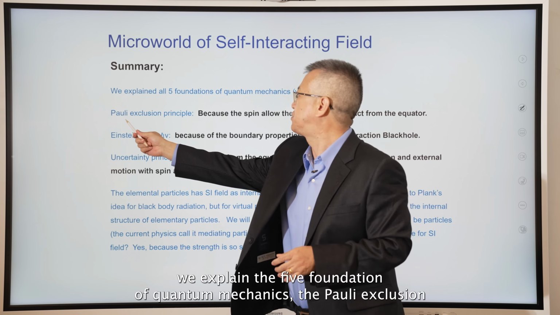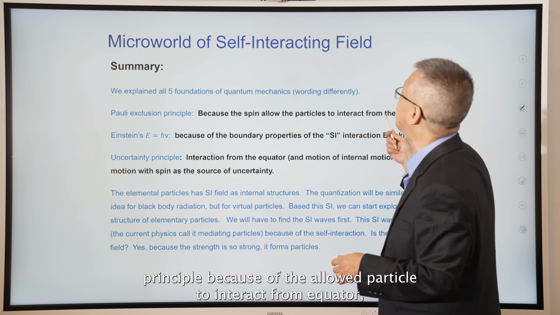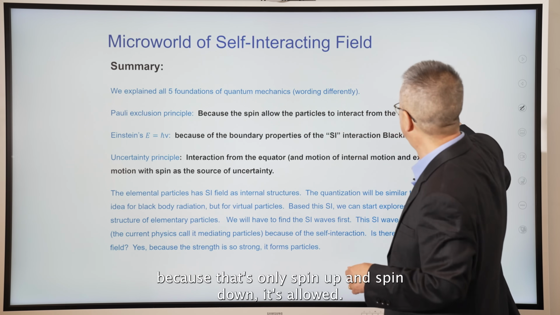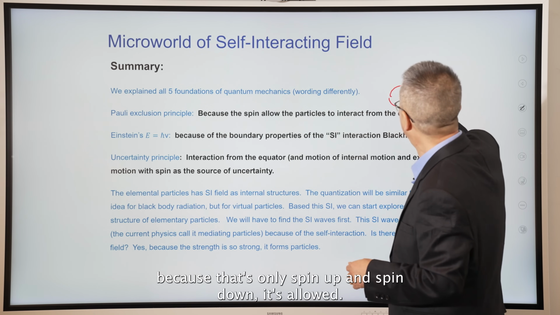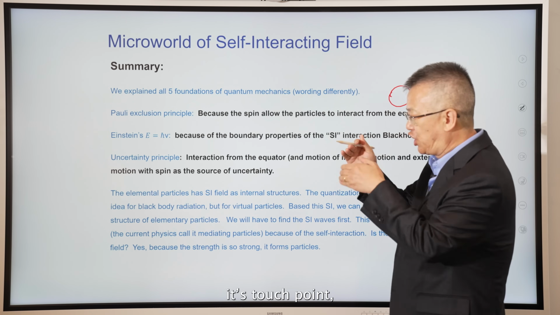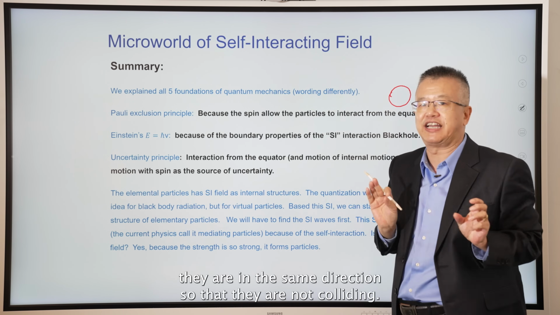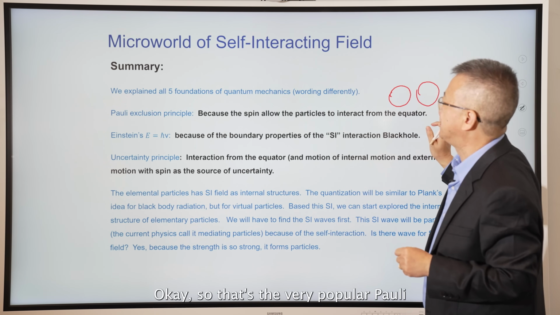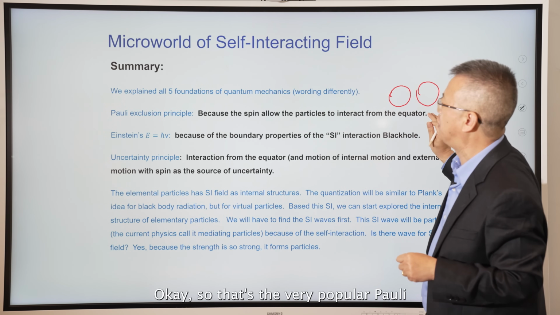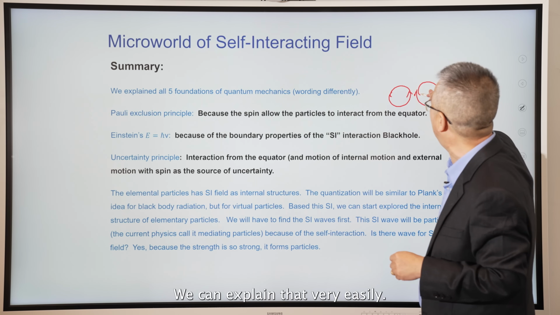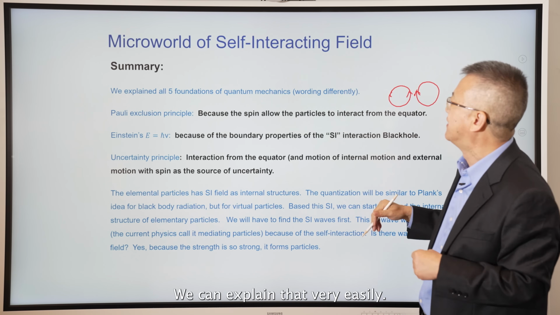So in summary, let's say that we explained the five foundations of quantum mechanics. The Pauli exclusion principle: because particles are allowed to interact from the equator, and only spin up and spin down is allowed, at the touch point they are in the same direction, so they are not colliding, okay? That's the very popular Pauli exclusion principle. We can explain it very easily, okay?